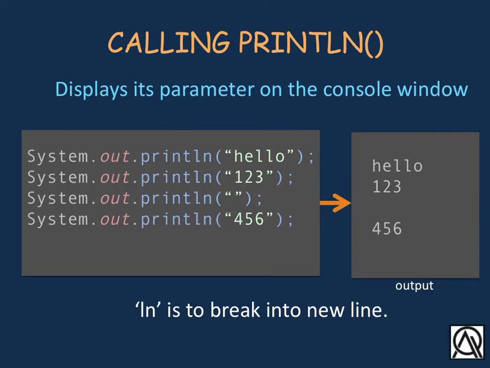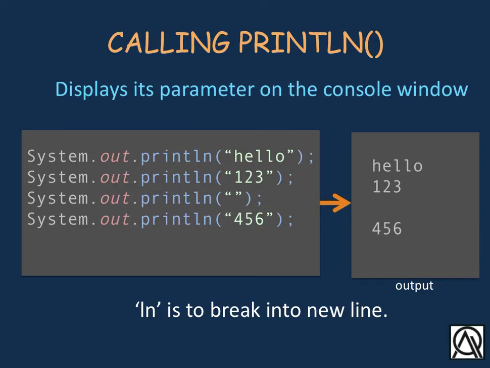Because we are using the println method, after execution of each line, the program goes to the next line. So after the first line, it goes to the second line and prints the second string. For the third line, it will print nothing because of the empty string, and it goes to a new line and prints 456.